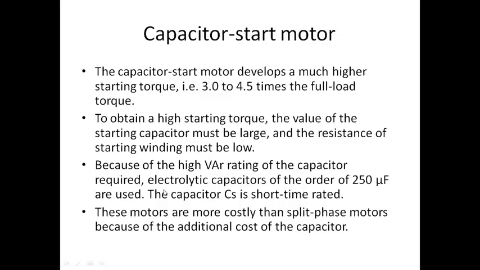Always you'll be using an electrolytic capacitor in the order of 250 microfarad. The capacitor CS is short time rated. Once my motor starts, I'm going to disconnect this capacitor. These motors are more costly than split phase induction motors because we add the capacitor.